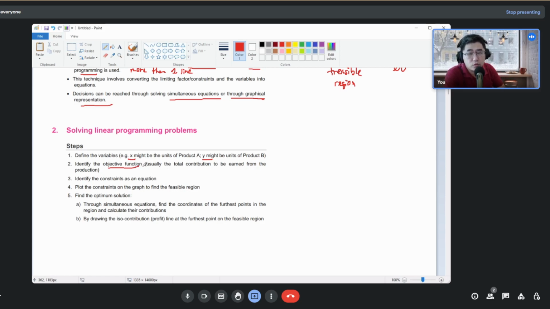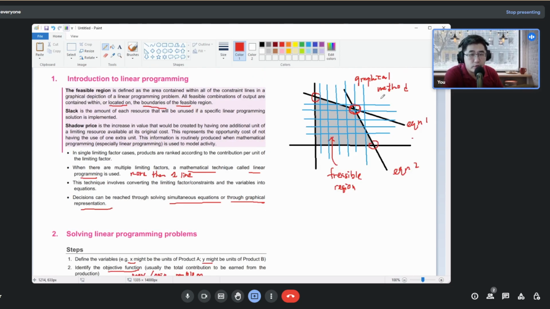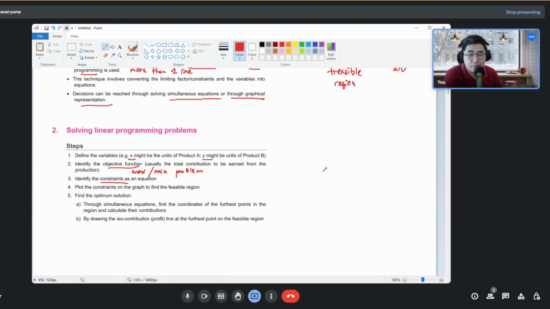This objective function can be a maximum or minimum problem. The most common thing we are talking about here is that we want to maximize profit or minimize cost. Identify constraints as equations. The constraints will be all the different lines that we're going to draw.